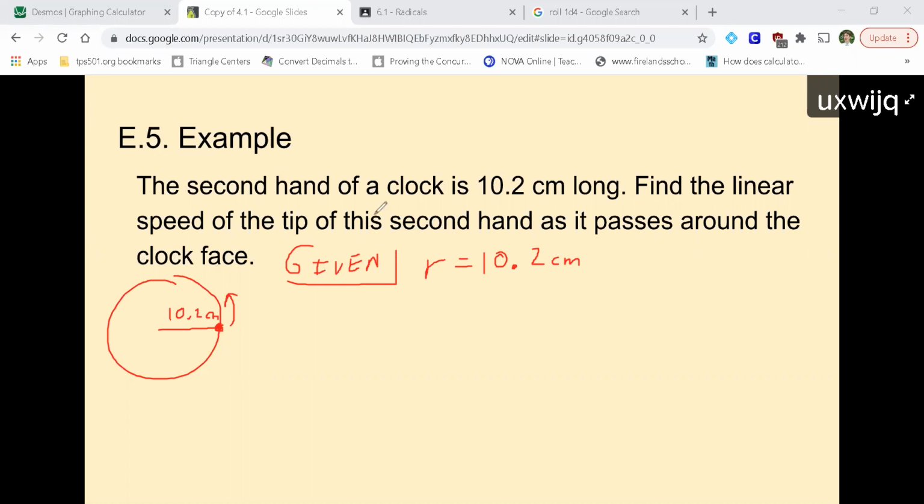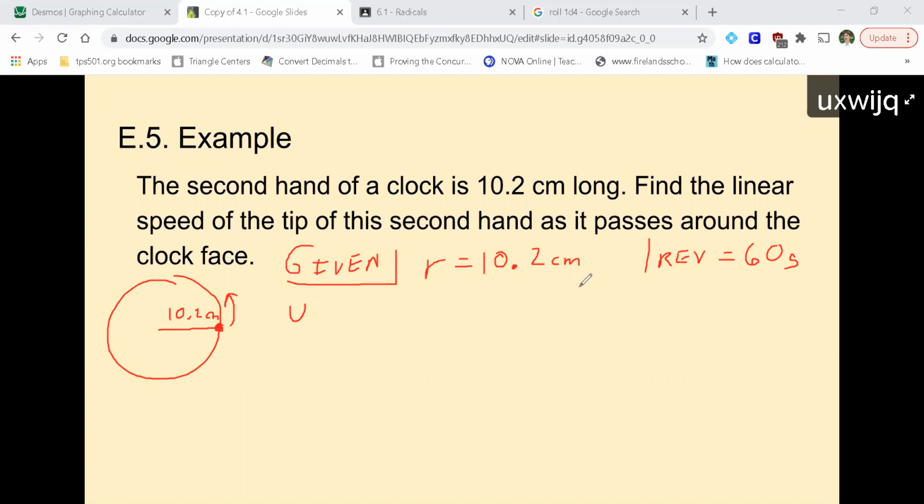Although it's not explicitly stated in here, we are also given one other piece of information, that the second hand completes one revolution in 60 seconds. Right? The second hand goes all the way around in 60 seconds.